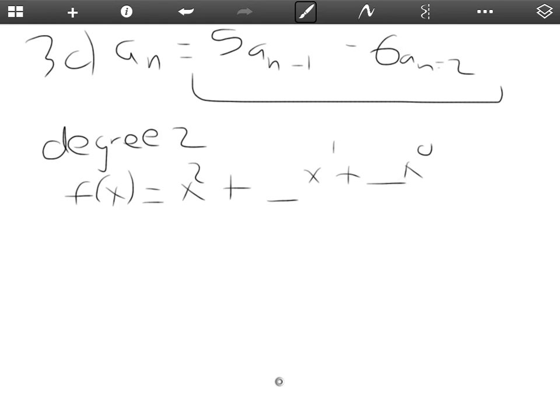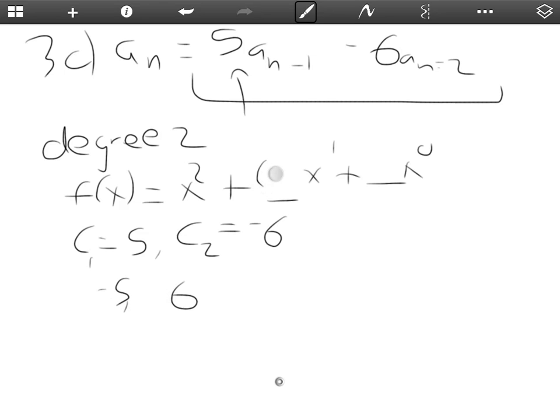And so what are those constants? Well, our first constant is 5, and our second constant is negative 6. But we're not going to plug those directly in. We're actually going to flip them and make them negative 5 and 6 before plugging them in.